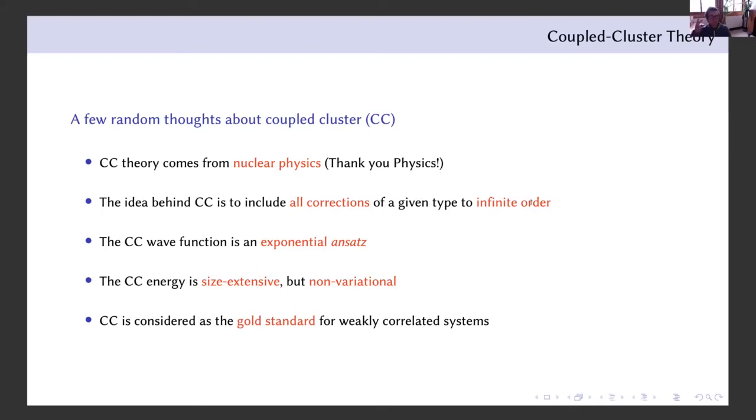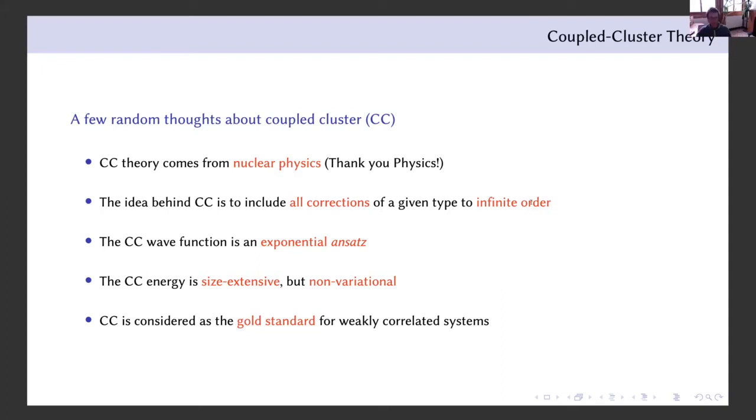Two things you need to know about coupled cluster energies: they are size extensive, which is very different from truncated CI calculations, which are size inextensive. That means you lose some correlation energy when you go to bigger systems.